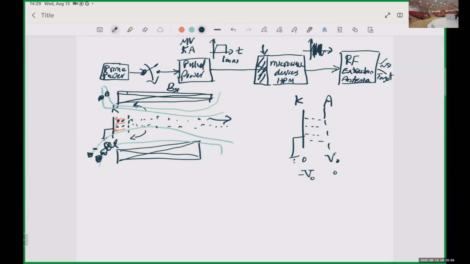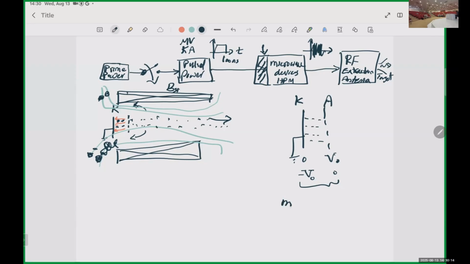If you don't have a magnetic field in this case, that's most of the electron guns for thermionic emission. The Lorentz force is basically related only to the electric field, which is due to the pulse or the voltage between anode and cathode.